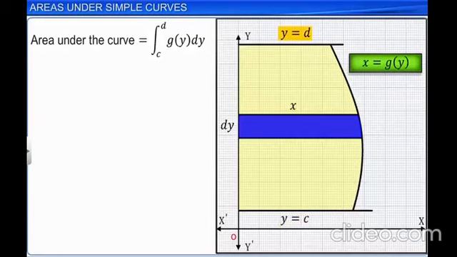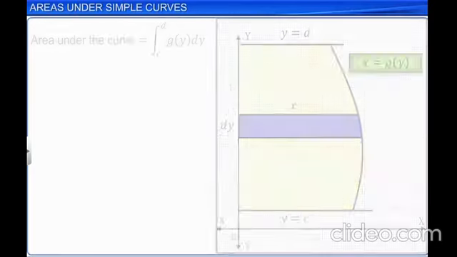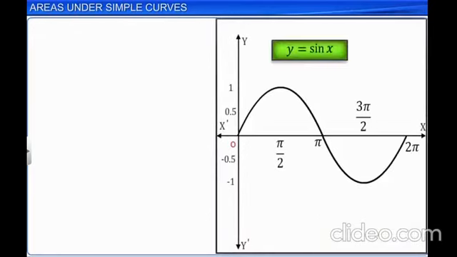Often we come across situations where the area of the region that we must find lies under the x-axis. For example, let's take the sine curve between 0 and 2 pi. To find the area of the region between the curve and the x-axis, we split the figure into two parts, as shown here.